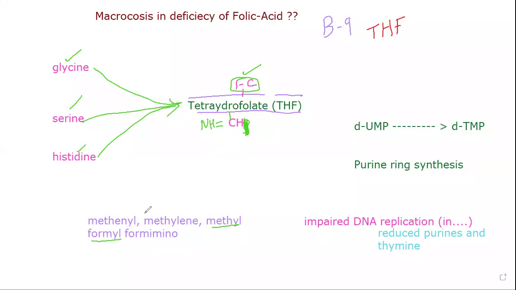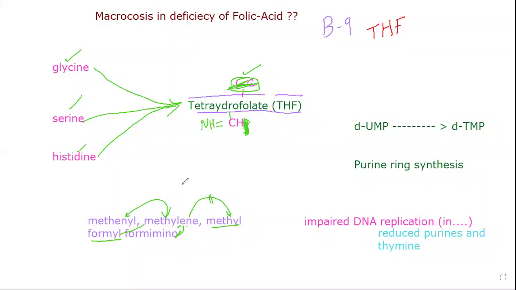An important point, once a one carbon unit is transferred to tetrahydrofolate, it can be converted to other forms also. For example, if it is methylene, it can be converted to methenyl in a reversible fashion. It can be converted to methyl. This reaction is also reversible. Conversion to formyl also. So this is an exception we'll learn later on.